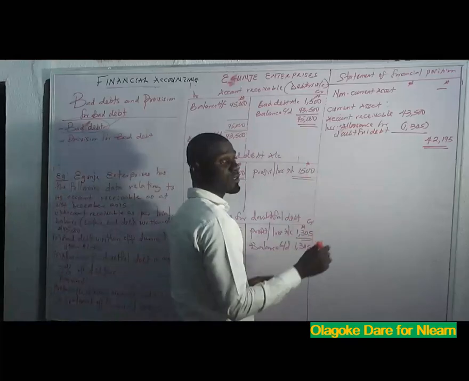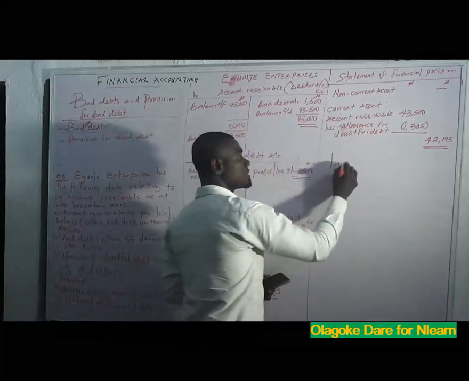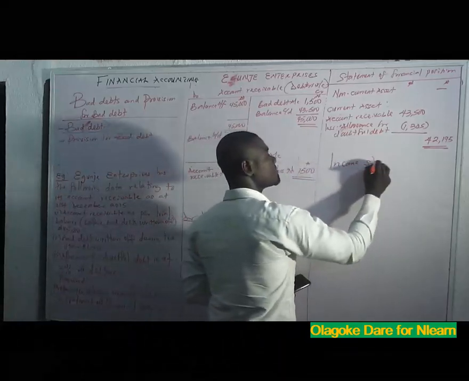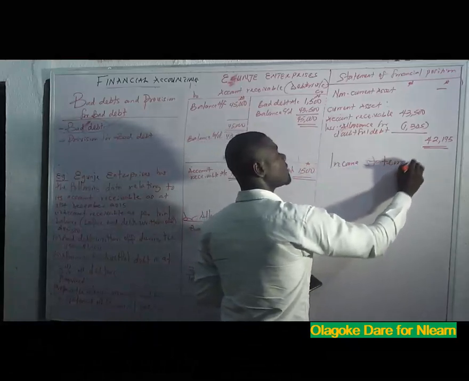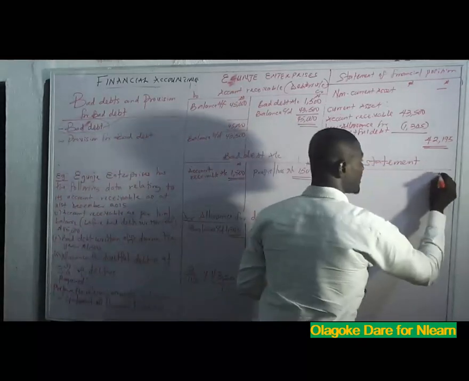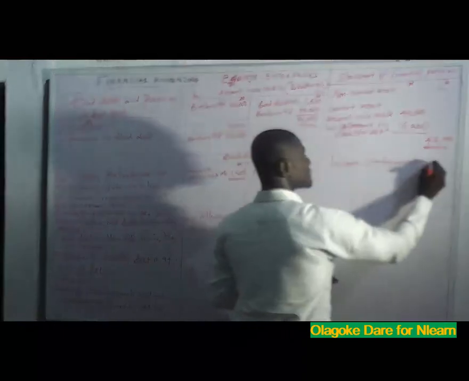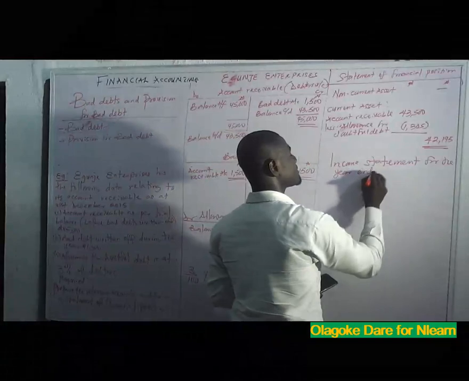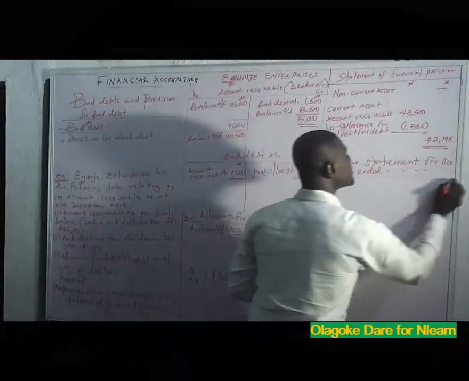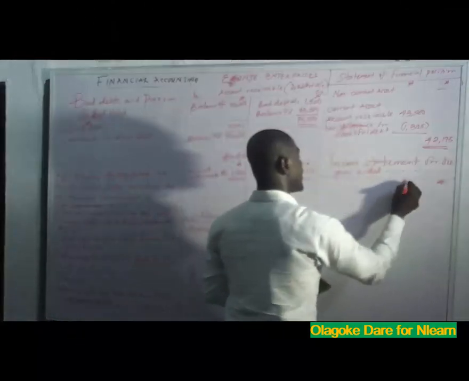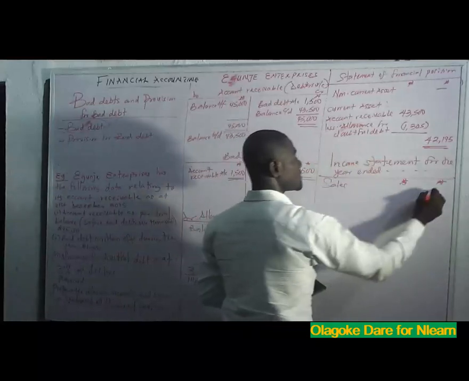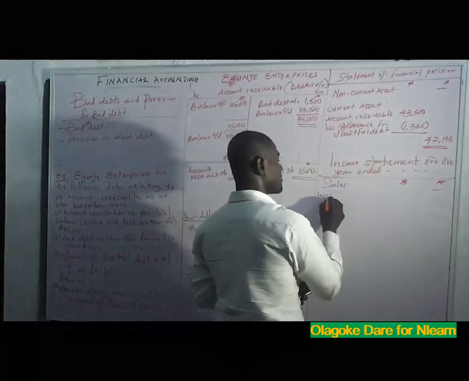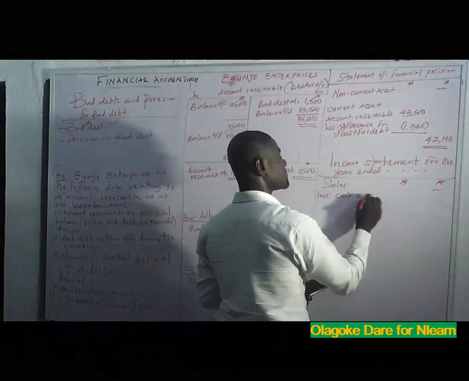How would it be in our income statement? Income statement for the year ended. How will it look? There's my sales, less my cost of sales.